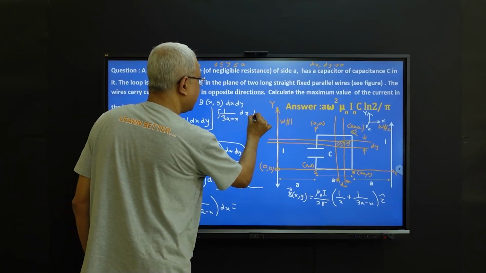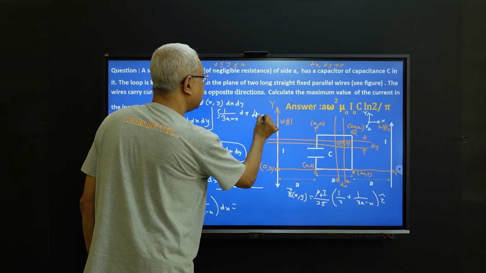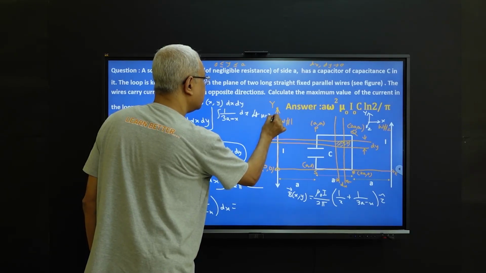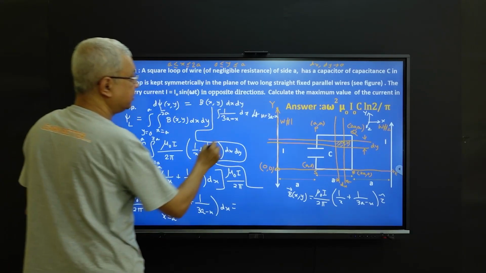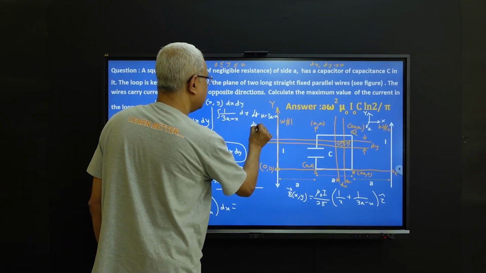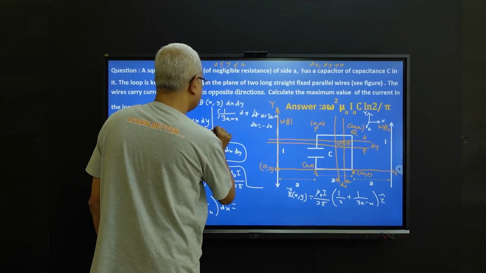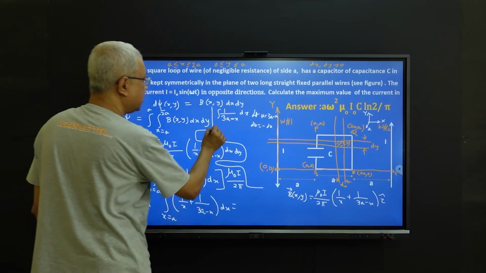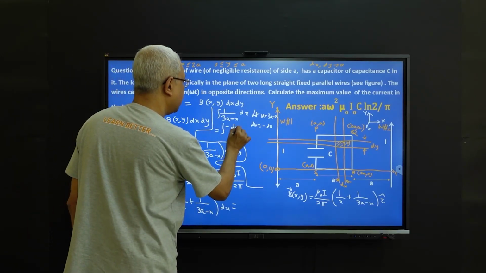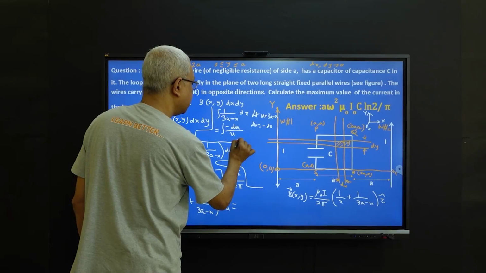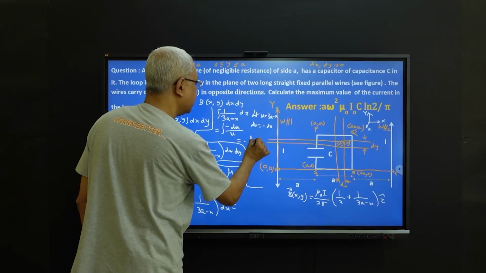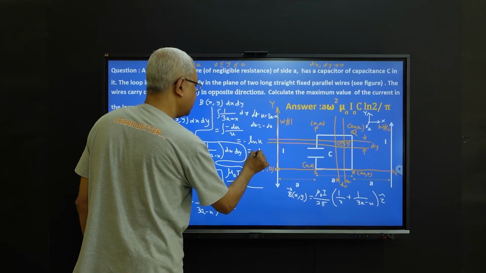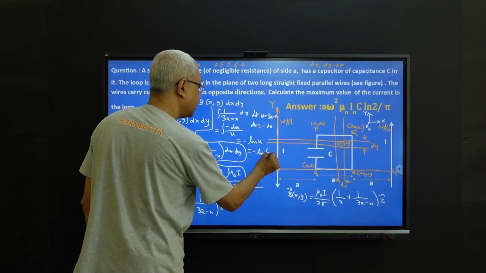Let u equal to 3a minus x. You know the u substitution technique in integration. So du is equal to negative dx, so I can write this integral as negative du divided by u. So it is negative ln u, so it is negative ln of 3a minus x.